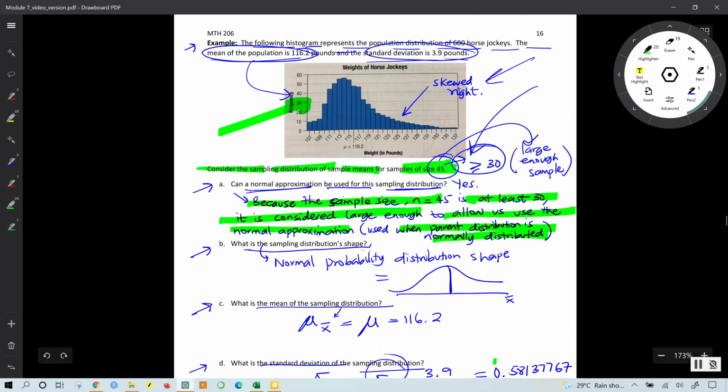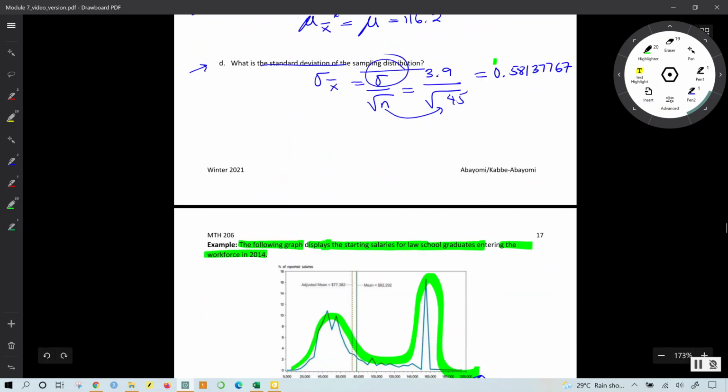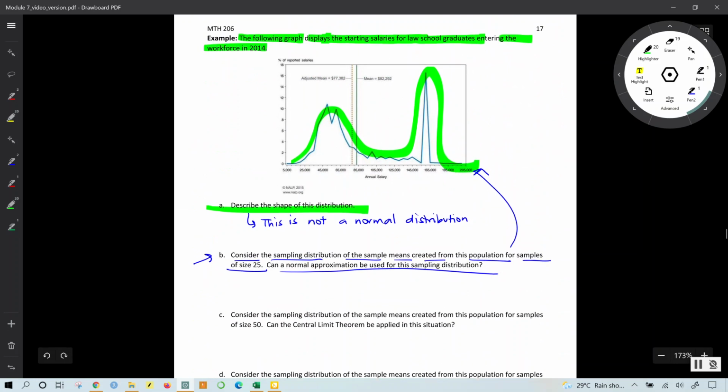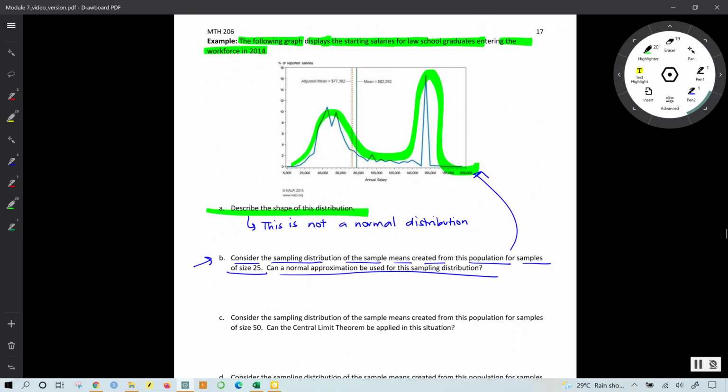Remember we said that if the parent population is not normal, as long as the sample size you're using is at least 30, you're good enough to still use the normal approximation. However, considering the conditions of this problem, if we are using samples of size 25, it means we do not have a large enough sample. So the correct answer here would be no.